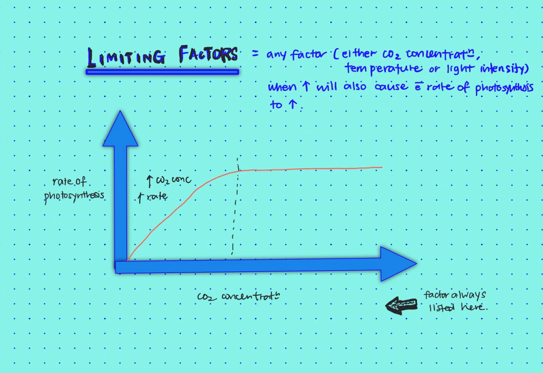When you reach this point here, as it goes to a plateau, increasing the CO2 concentration does not increase the rate of photosynthesis anymore, because the rate of photosynthesis, let me emphasize, if you have a value, you have to quote it, is already constant. Constant, not 0. So you have to quote the values if you see it. For graphical questions like this, it's very, very important that you quote the values from here. This is the y-axis and this is the x-axis.